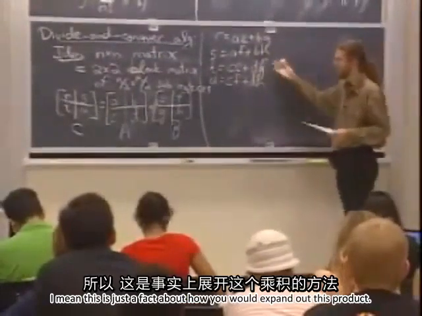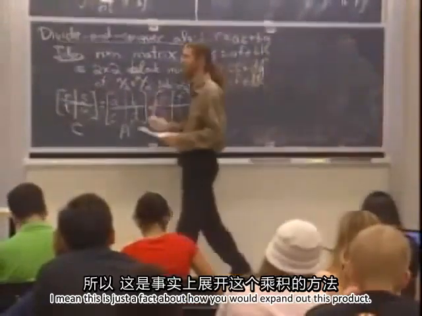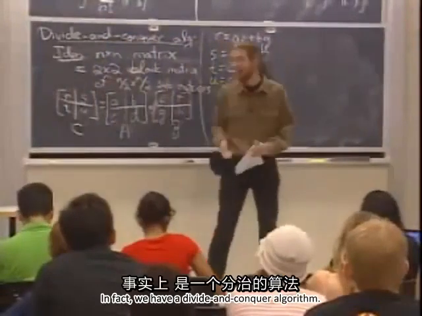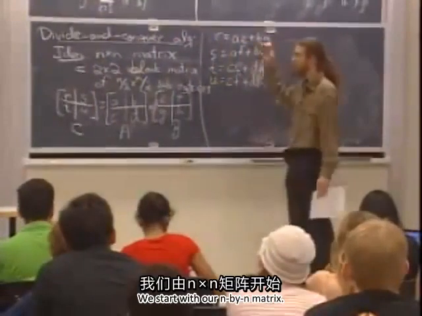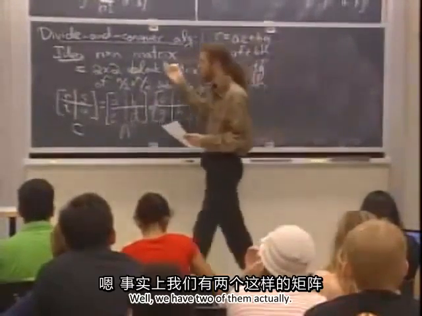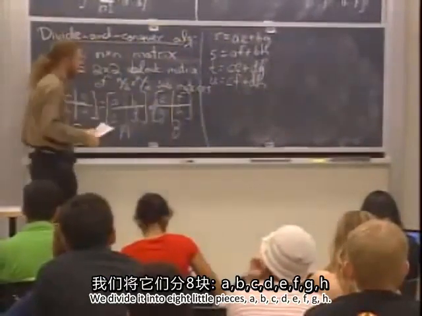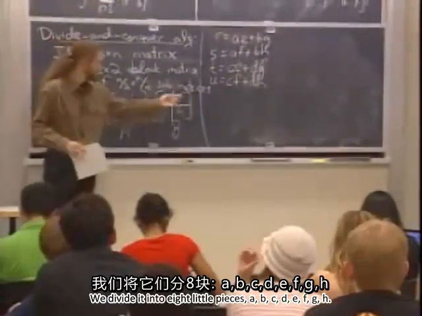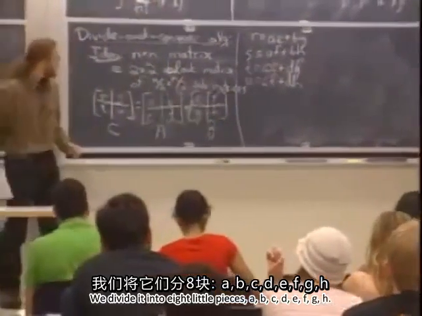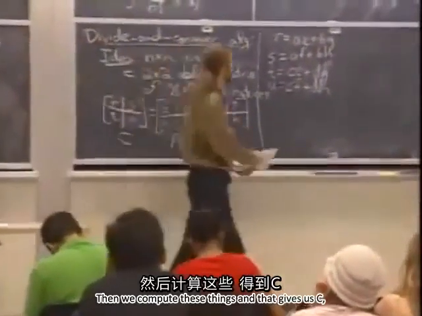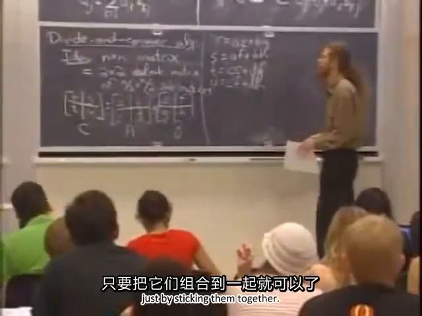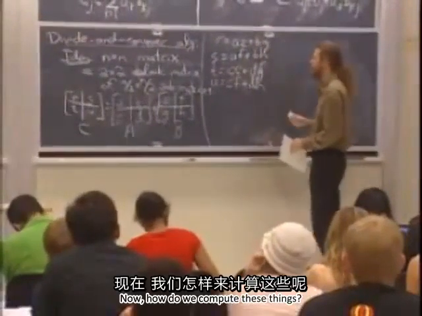So this is just a fact about how you would expand out this product. And so now we have a recursive algorithm. In fact, we have a divide and conquer algorithm. We start with our n by n matrix. We divide it into, well, we have two of them, actually. We divide it into 8 little pieces, a, b, c, d, e, f, g, h. Then we compute these things, and that gives us C just by sticking them together. Now, how do we compute these things?